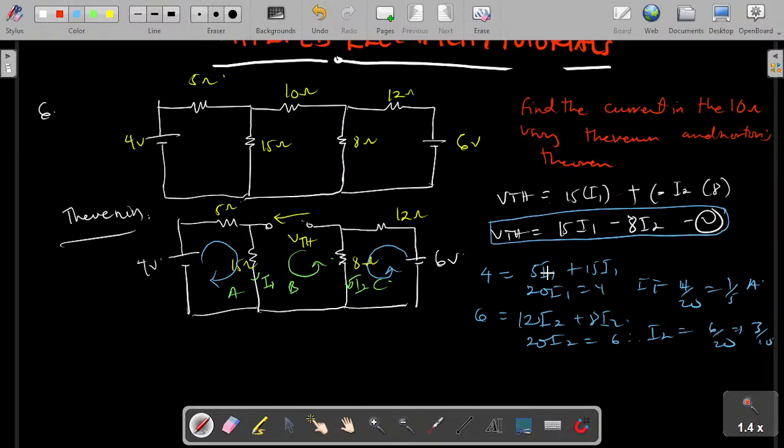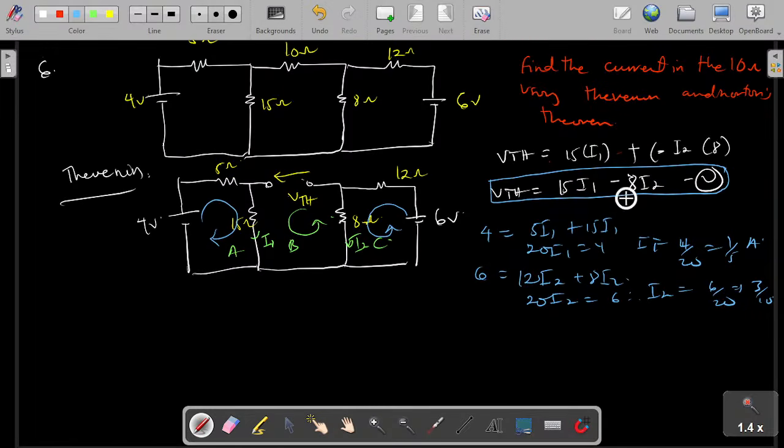Then after getting these values, I simply come to my VTH and find it. As simple as that. So my VTH simply becomes 15 multiplying the I1 value I had, which is 1 over 5, minus 8 times the I2 value I had, which is 3 over 10. As simple as that. 5 goes into 15 three times, and 2 goes into 8 four times, minus 12 over 5, right? 12 over 5.